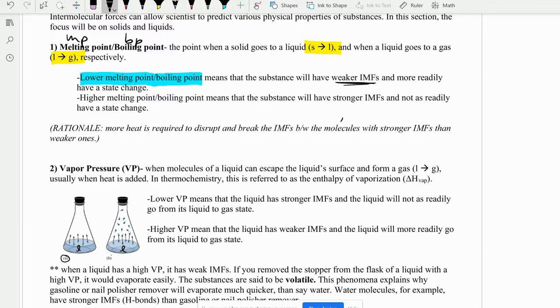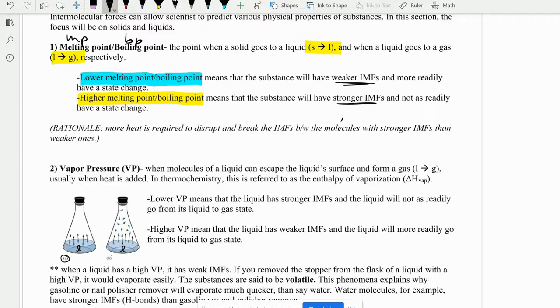And so those weaker IMFs will be more readily broken, and a state of matter change will occur. Conversely, substances with higher melting points and higher boiling points often have stronger intermolecular forces, and it's going to take more thermal energy to break those IMFs to overcome and have a state change occur.